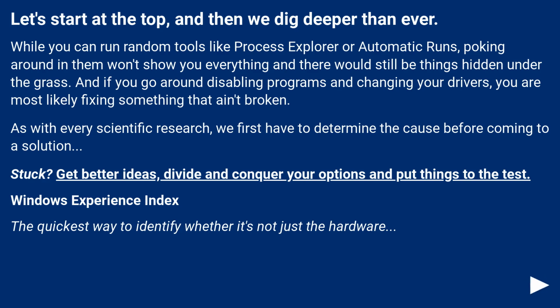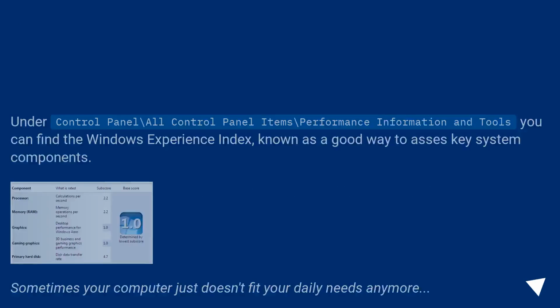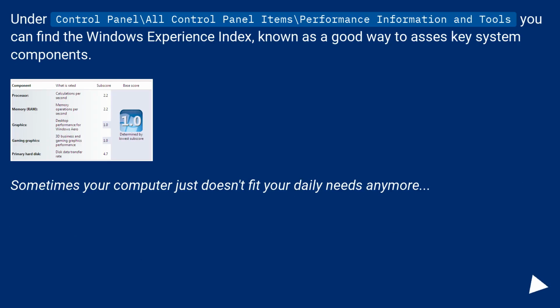Windows Experience Index. The quickest way to identify whether it's not just the hardware. Under Control Panel / All Control Panel Items / Performance Information and Tools, you can find the Windows Experience Index, known as a good way to assess key system components.